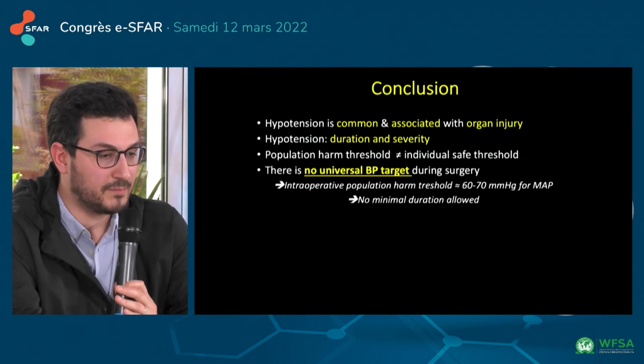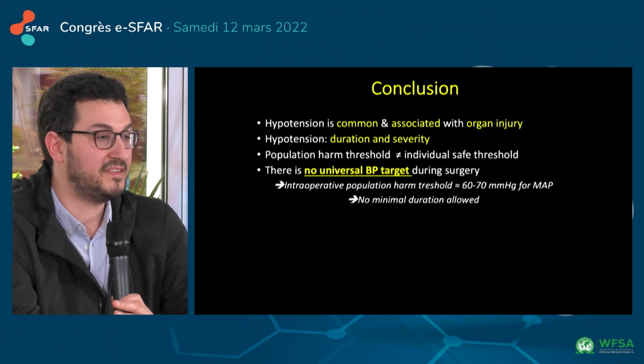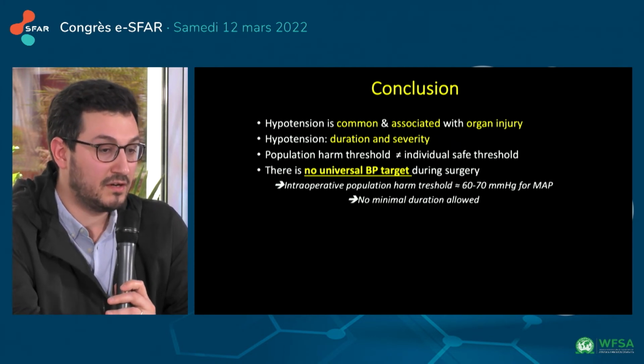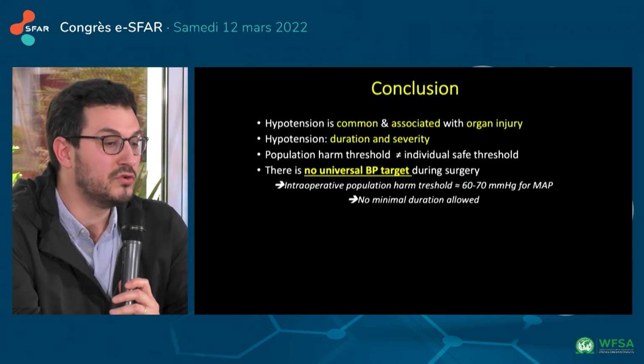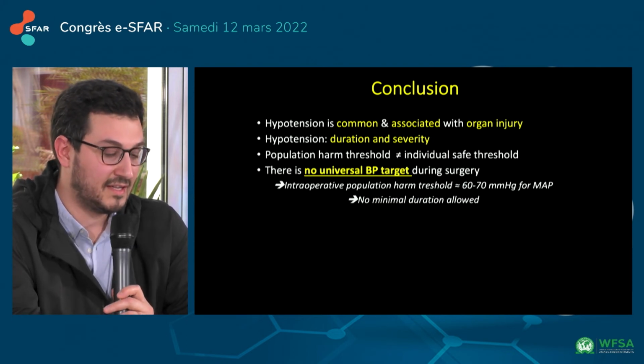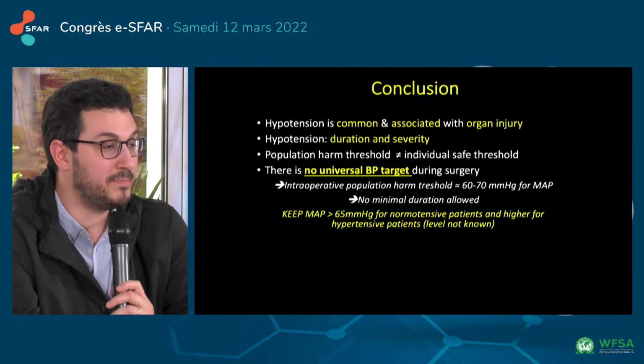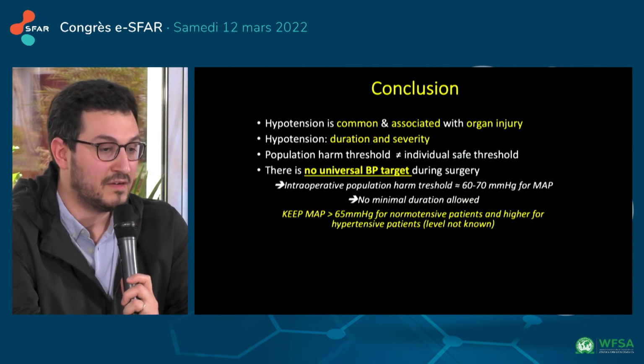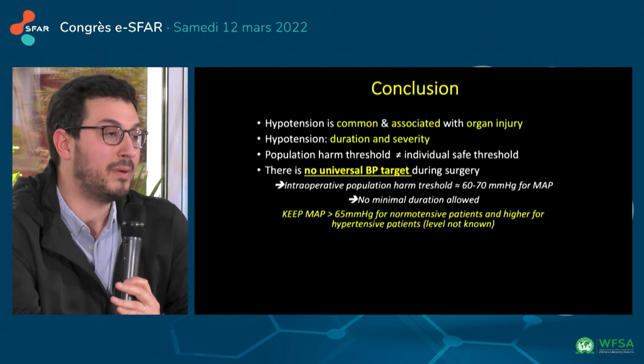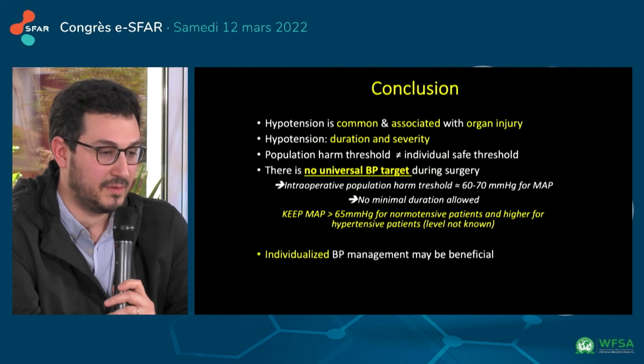Intraoperative population harm threshold seems to be between 60 to 70 for MAP, and there is no minimal duration at this level of mean arterial pressure, and probably we can recommend to keep mean arterial pressure above 65 for normotensive patients and probably higher for hypertensive patients.